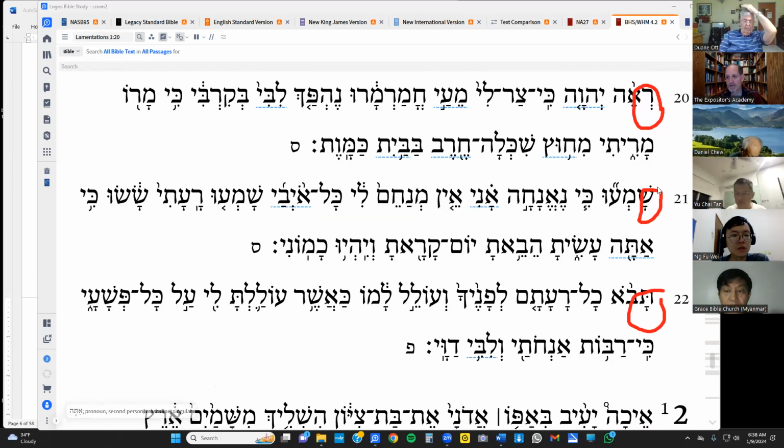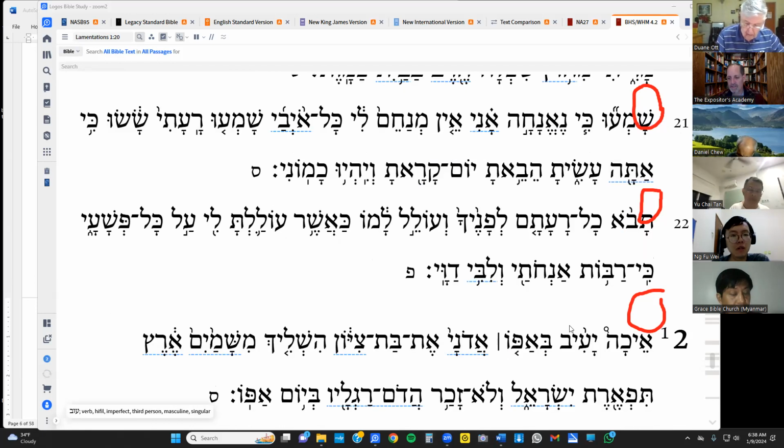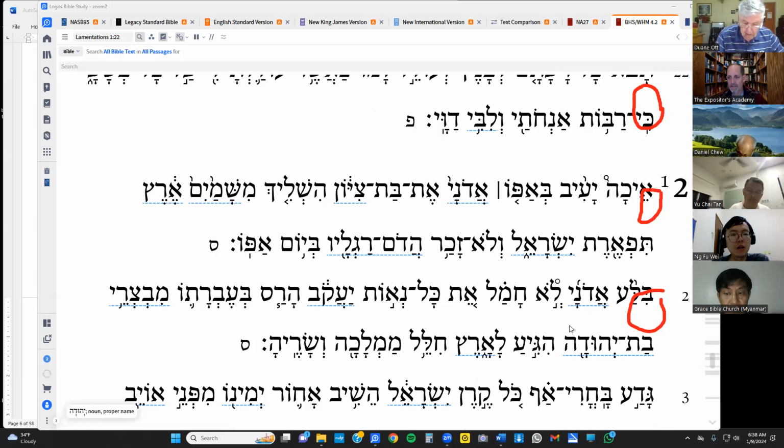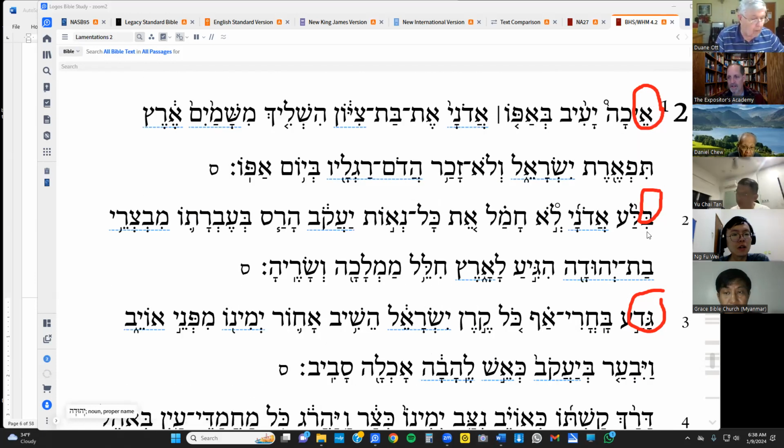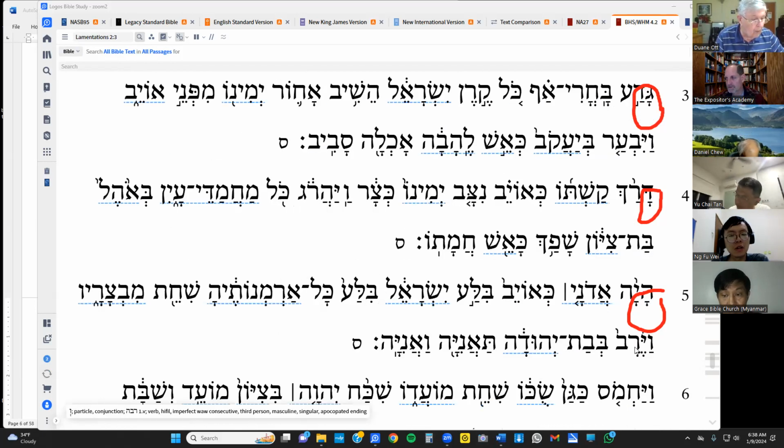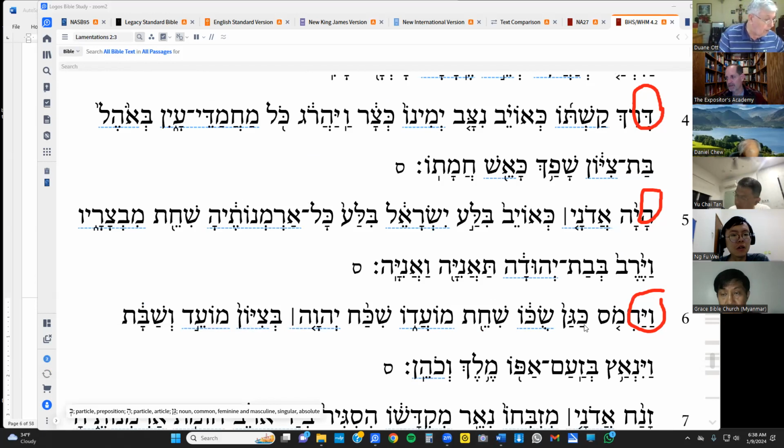Notice it ends with Tau. So we have a perfect acrostic in Lamentations chapter 1, and the same thing in Lamentations 2. Notice the beginning of verse 1 is Aleph, then Beth, Gimel, Daleth, all the way through. So chapter 2 has the same pattern.